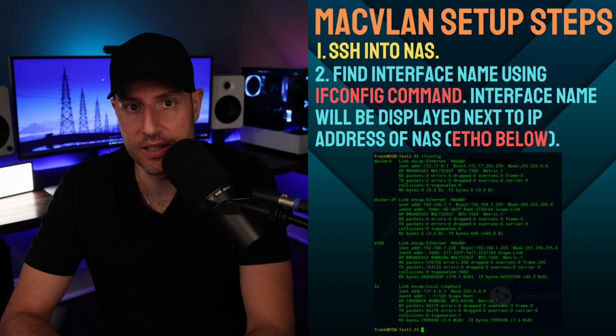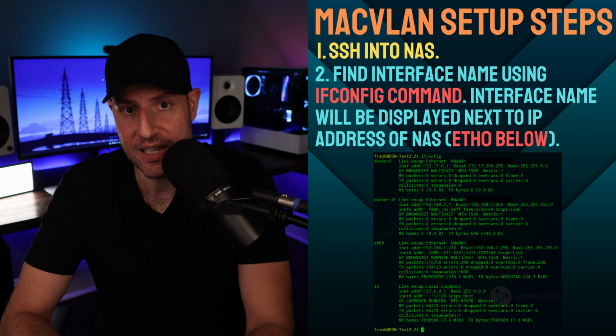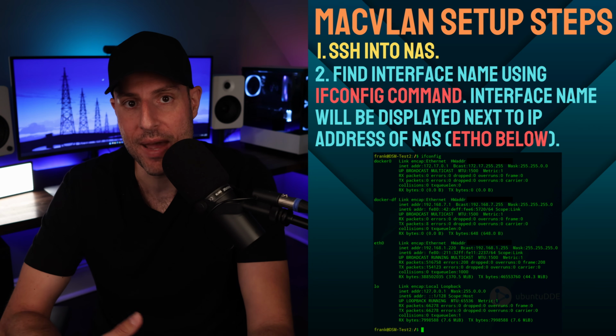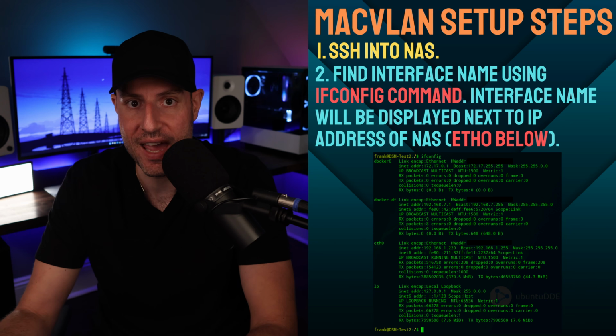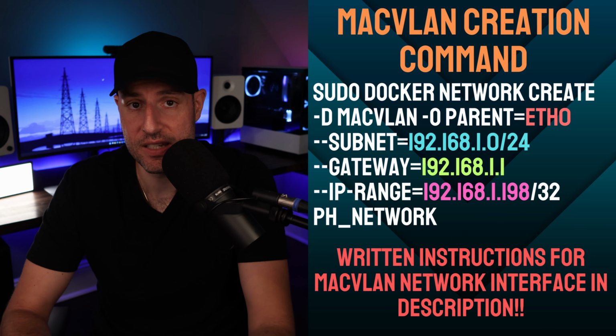Now, in order to create a Macvlan network interface, you have to SSH into your NAS. I have a tutorial in the description of the video where you can go through and it will show you exactly how to SSH in. As soon as you SSH in, what you have to do is you have to find out the IP address and the interface name. The interface name is very important because you're creating the Macvlan network interface off of that interface name. From there, it's basically a default setup.